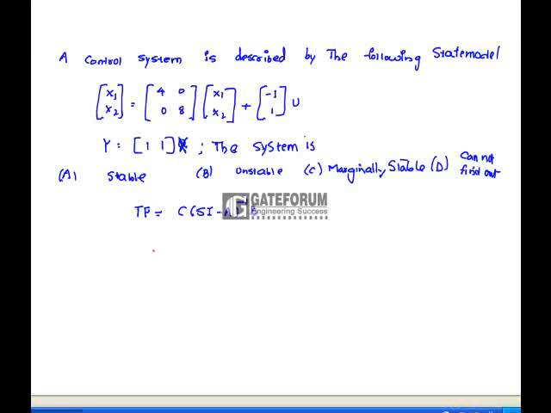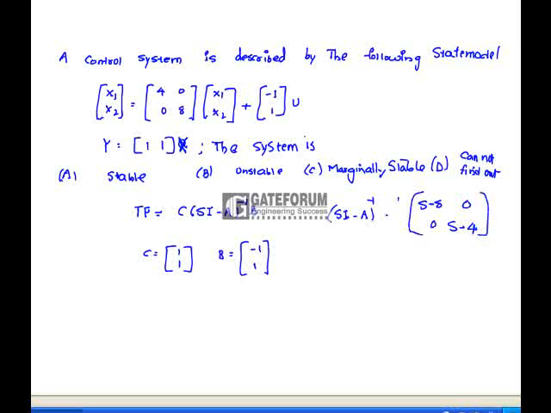Here C is nothing but [1 1], B is nothing but [minus 1, 1], and (sI minus A) inverse is: s minus 8, s minus 4, 0, 0, s minus 8, s minus 4.